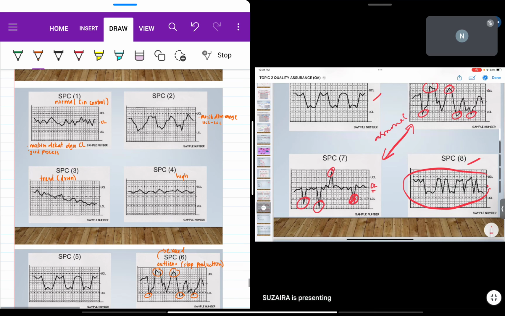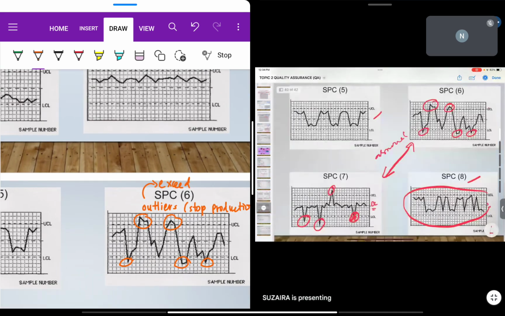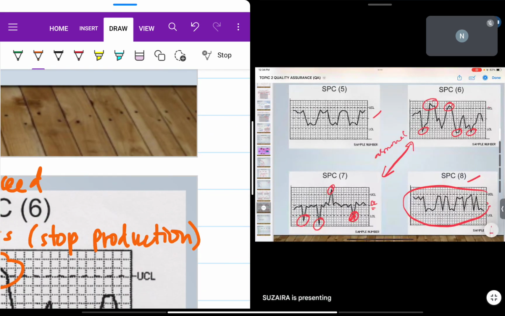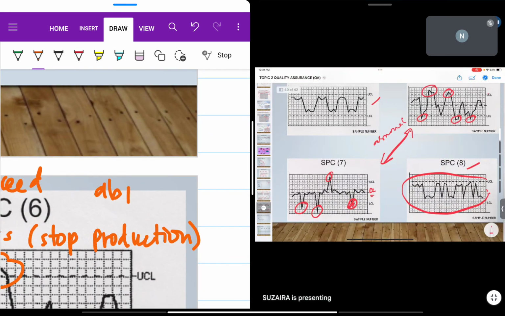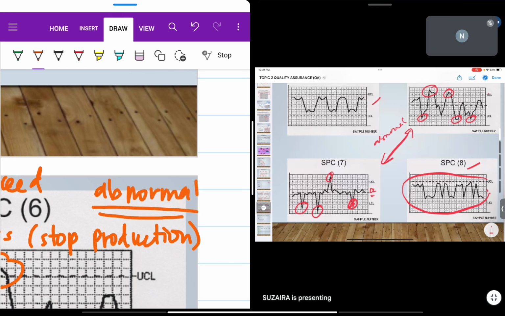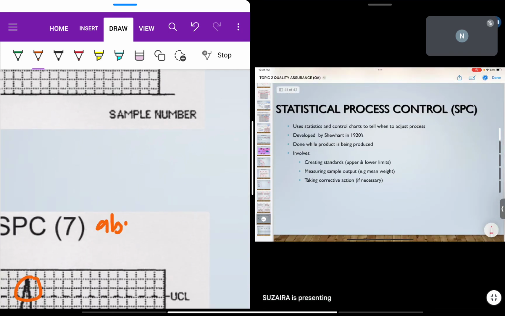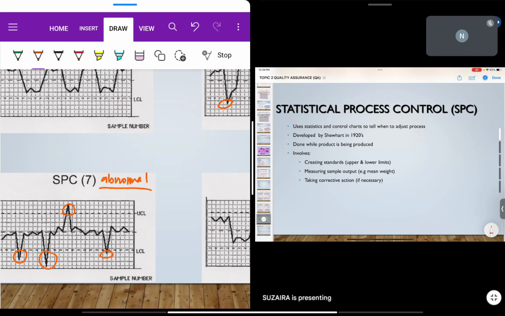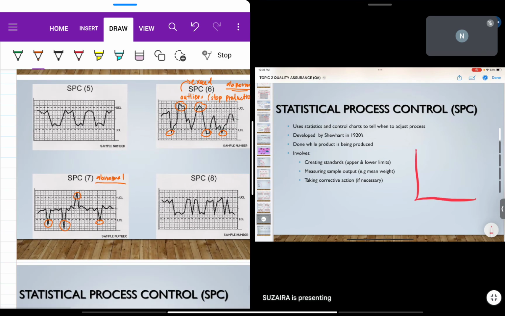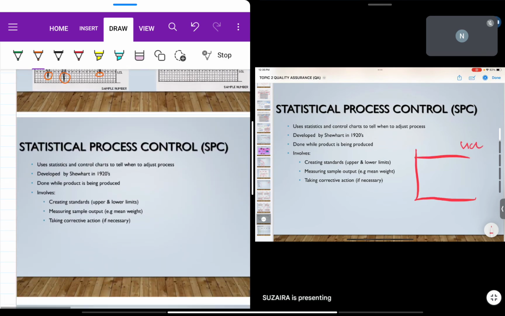So of course, whenever we observe these kinds of things, you need to stop the productions and then look at the process that contributes to this problem. Okay. And we already covered about this one. About the control chart, what you need to do is we have to come up with the UCL and LCL, and we also have the center lines.